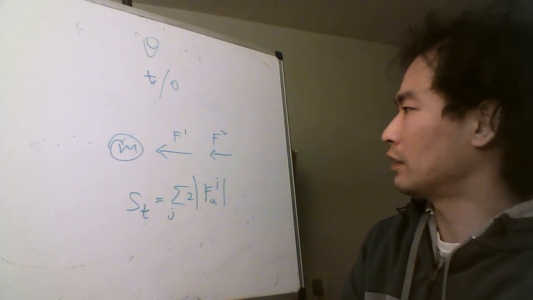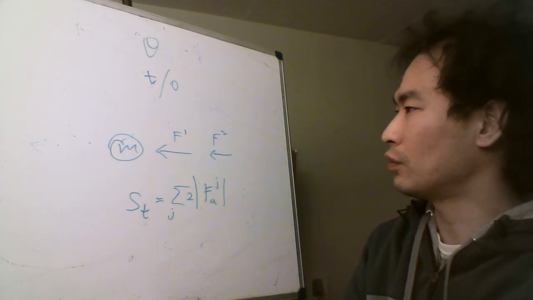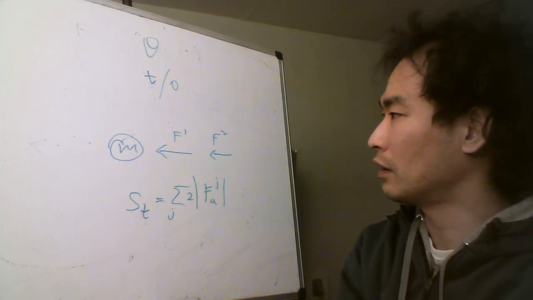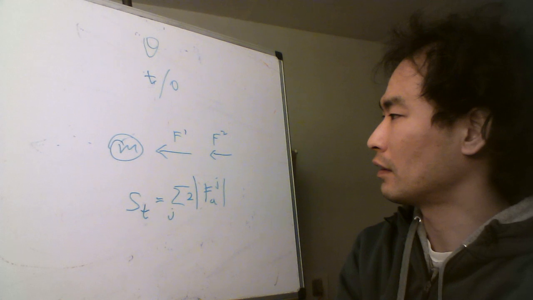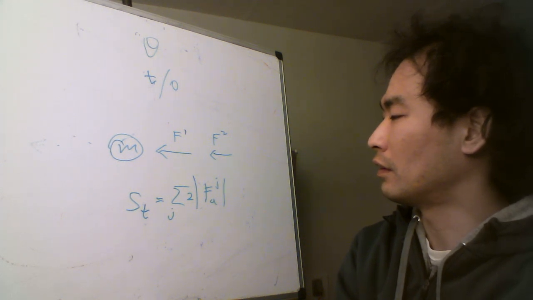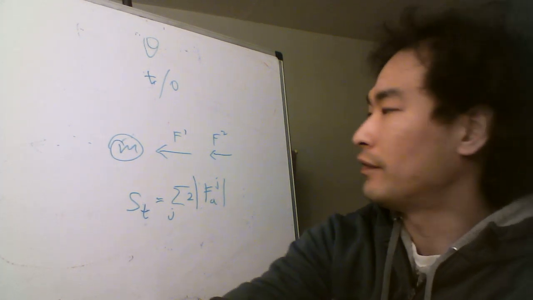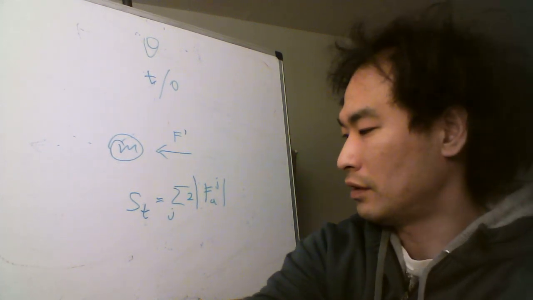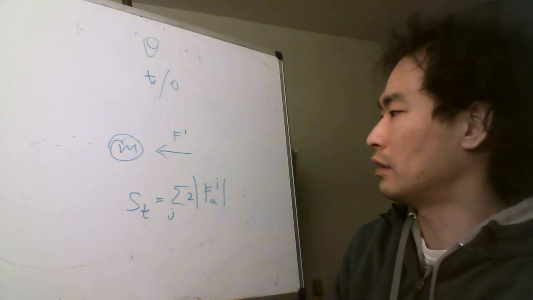So when theta is 0, cosine 0 is 1. And what if F2 is like this?